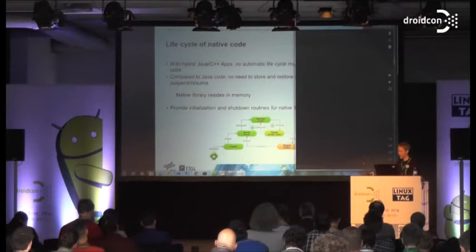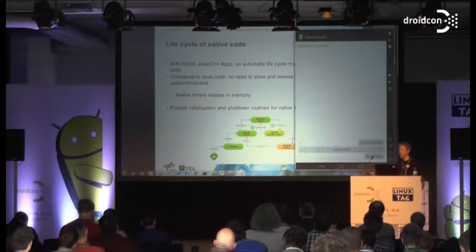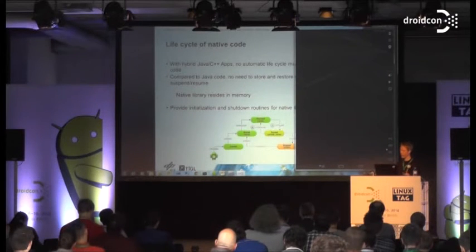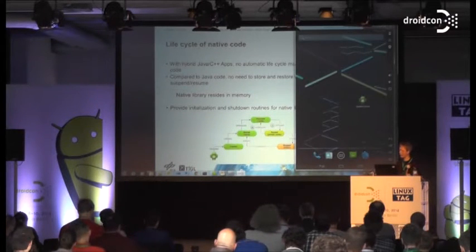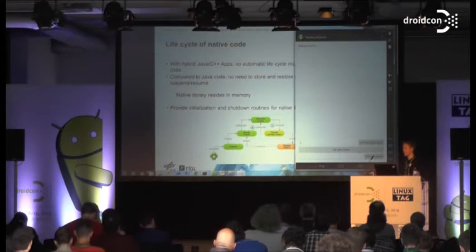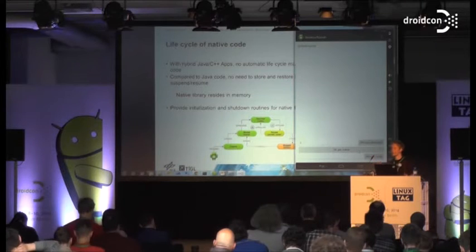Let's have a look what's happening if we get the name. It's still droidcon community. The only way to reset the app for now is to completely kill it. And if I now press get name, I get the default name. So if you don't want this behavior, you have to write it by yourself. You have to call some cleanup functions from your Java code to the native code.